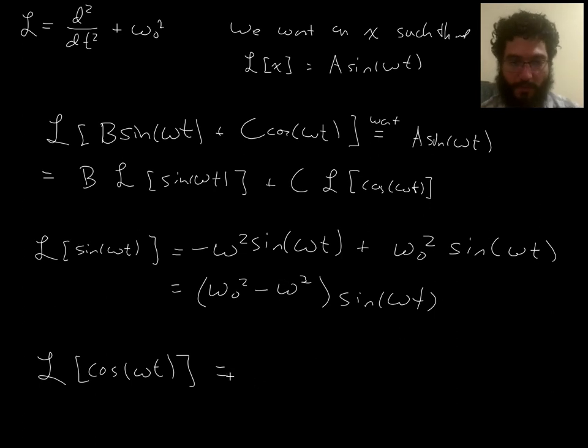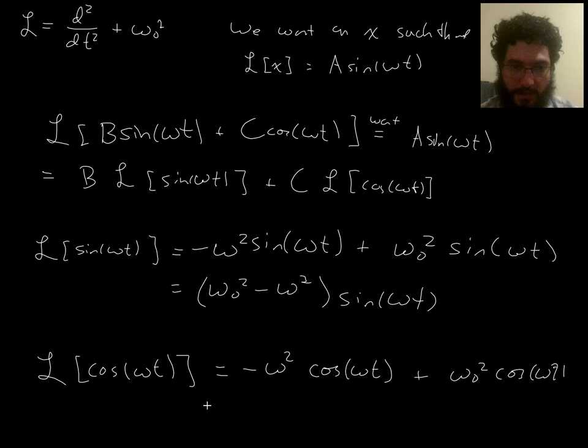So L applied to cosine omega t is going to be double derivative of cosine is negative cosine, but again, an omega comes out each time I take a derivative. I'm taking two derivatives, so two omegas pop out, and I get omega squared here. Cosine omega t, and then plus omega naught squared cosine omega t. So that's omega naught squared minus omega squared times cosine omega t.